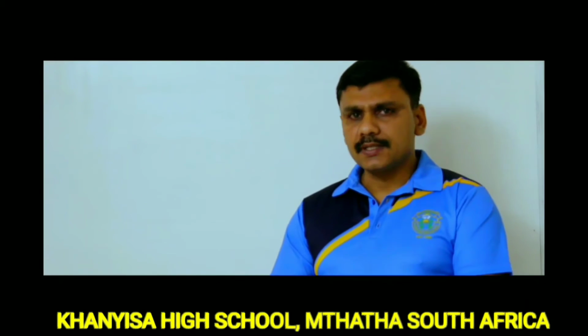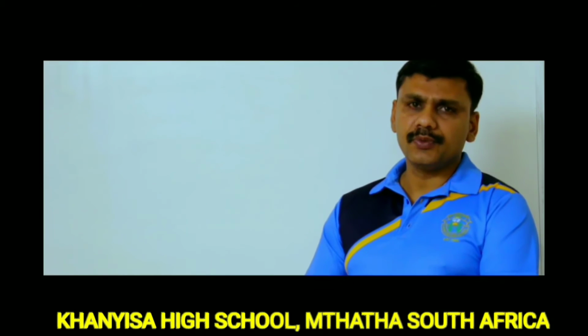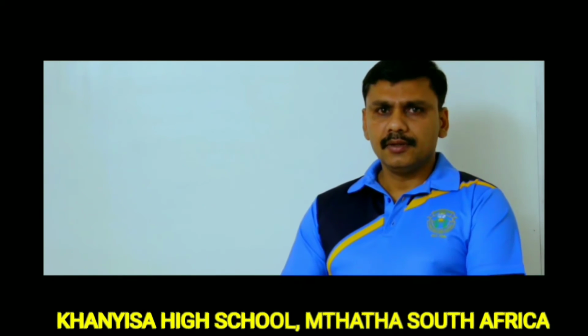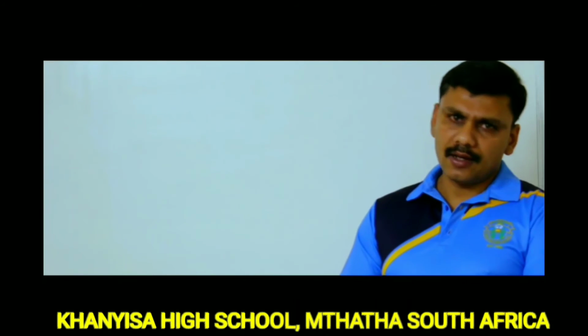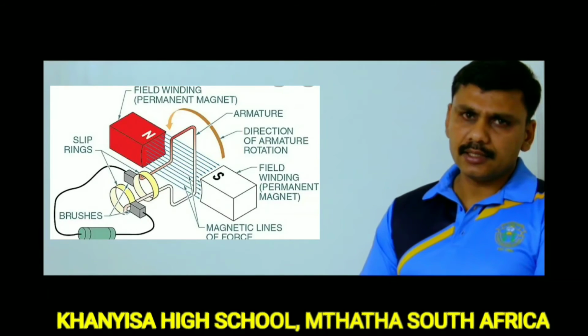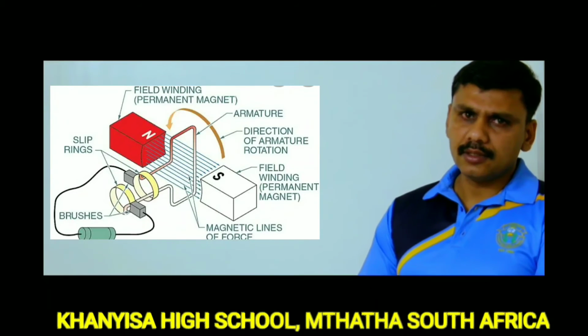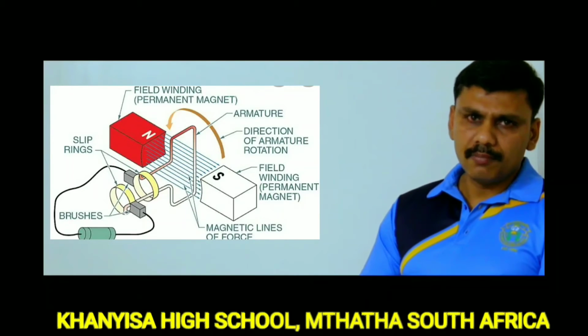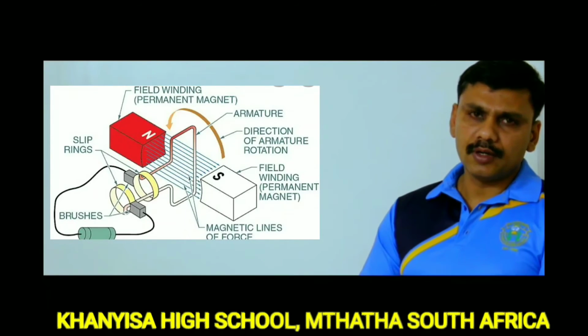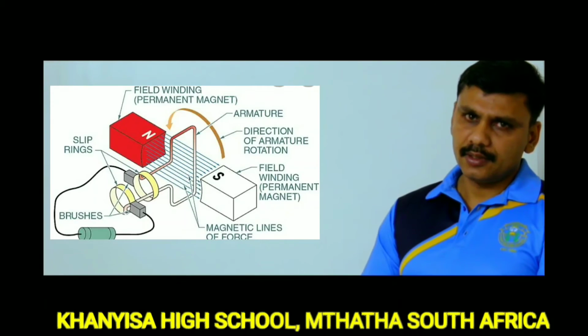Next we are going to discuss the main parts of the AC generator. The main parts are the magnet, second the coil or armature, third the slip rings, and fourth the carbon brushes.